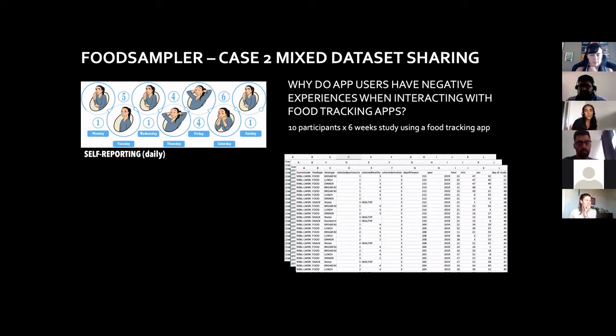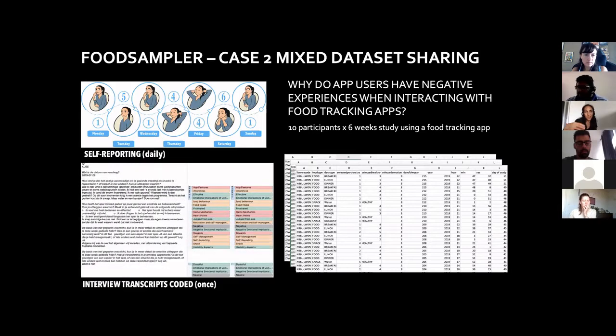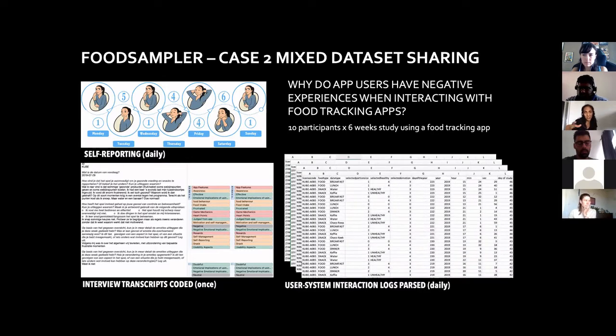Not only qualitative data by means of interviews, but also self-reported quantitative data regarding their emotions with this tool. We did debriefing interviews after the 6 weeks of use, and we also had all the data logs from the use of the application. Again, we structured all this information, and the challenge here was to connect all these different data sources so they became one coherent data set, and we published this in our repository.